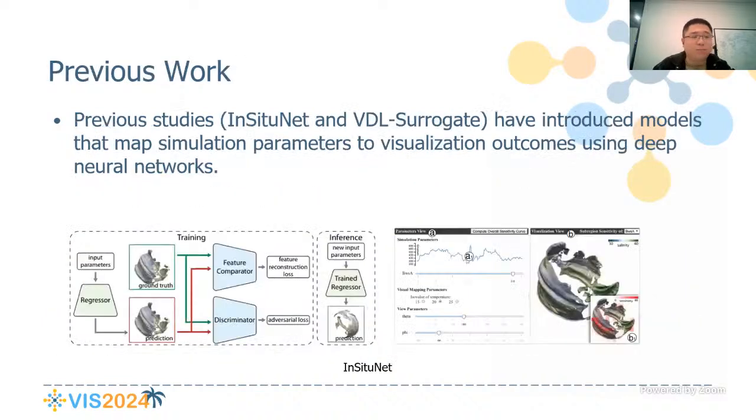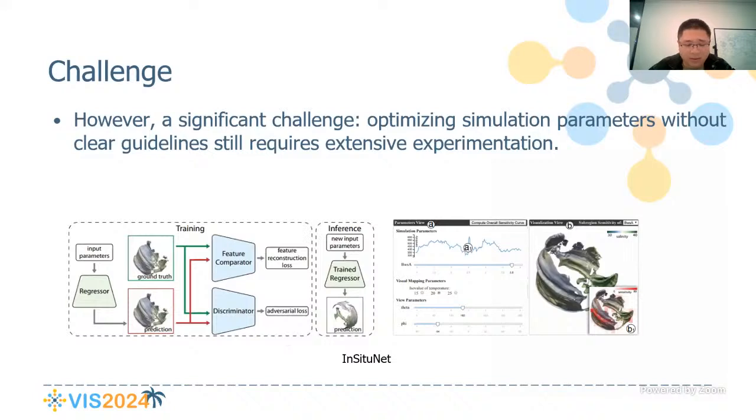Previous studies, such as InSituNet and VisSurrogate, have introduced deep learning models to map the simulation parameters to the visualizations. These studies have improved the efficiency of parameter exploration. However, there are still some challenges, and the domain experts still need to try many input parameters to reach their goal. So this process is very time-consuming.